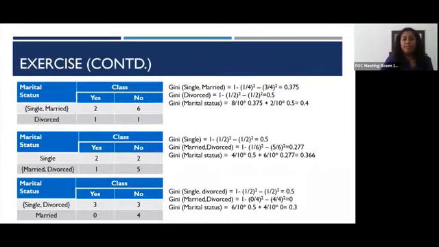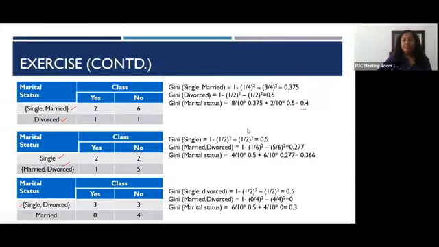The next step is to try out different combinations of 2 for these values of marital status and compute the Gini index again. For example, divorced separately, single and married together. Single separately, married and divorced together. Married separately, single and divorced together. You are going to compute it again.